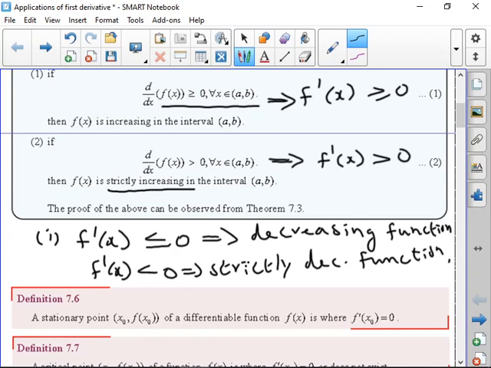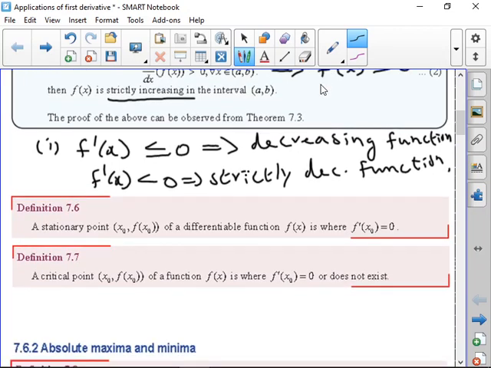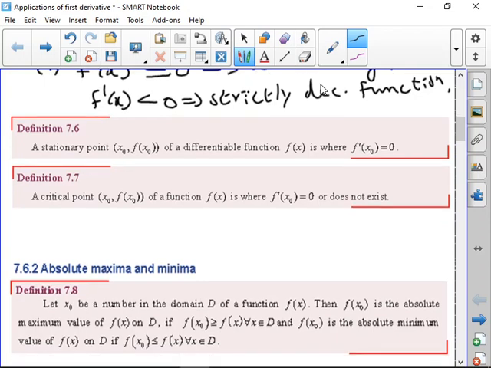Then we have the definition for stationary point. A stationary point x naught comma f of x naught of a differentiable function f of x is where f dash of x naught is equal to 0. Here x naught is a point in a certain interval, say minus infinity comma infinity.